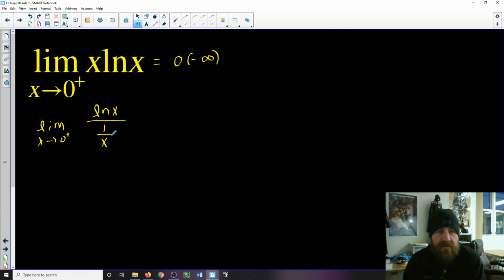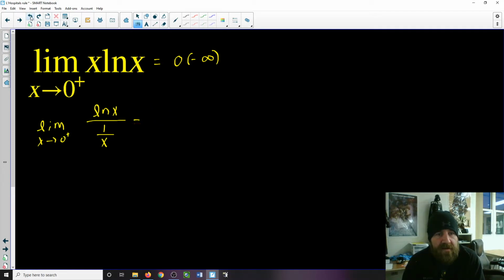That's going to end up being the same thing. Let's plug in 0 again. We know the top is negative infinity, and then put 0 on the bottom. That's a situation where we can use L'Hopital's.